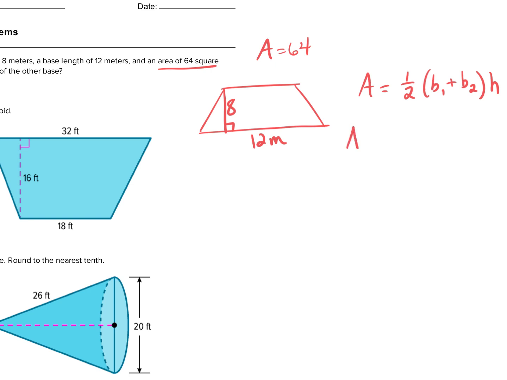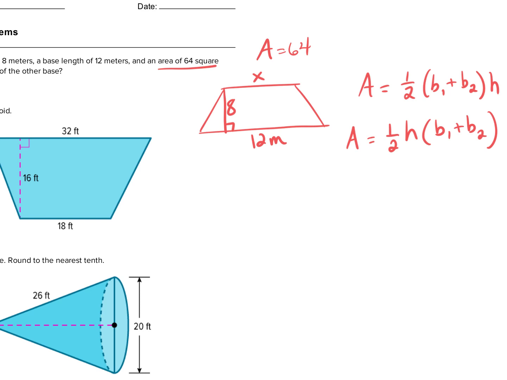Actually, on your reference sheet, it has the height in front of the parentheses. Either way, you're multiplying it times the sum of the two bases, okay? Now on a trapezoid, the two bases are your parallel sides. So this is what we're solving for, the length of the other base.